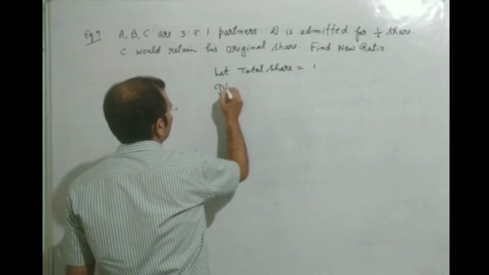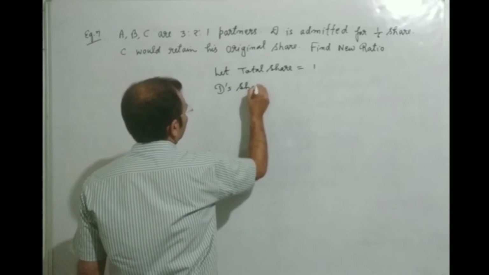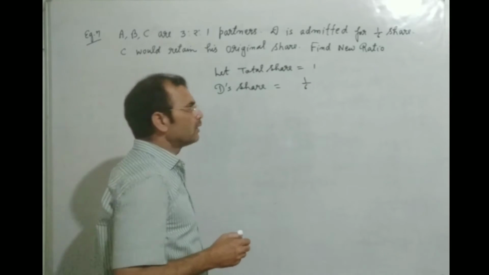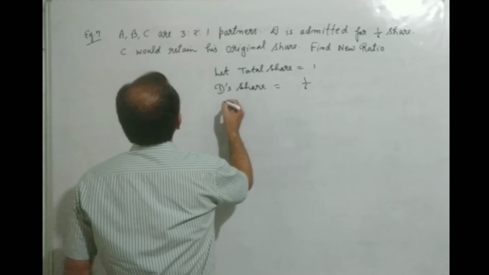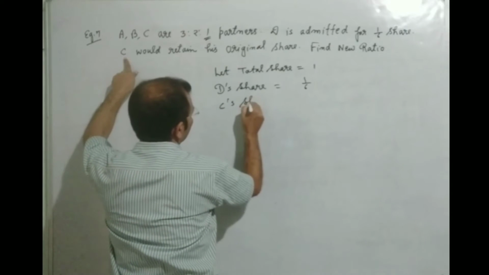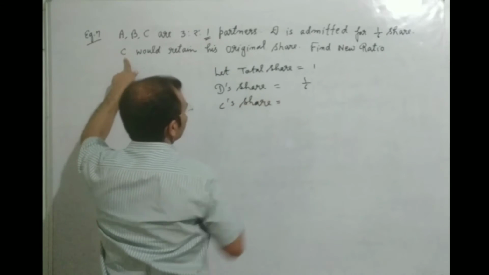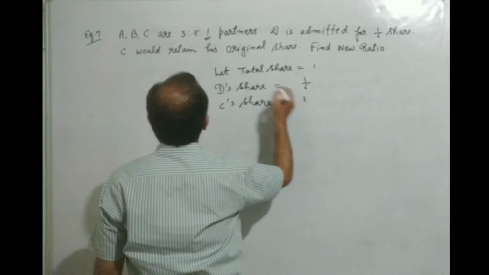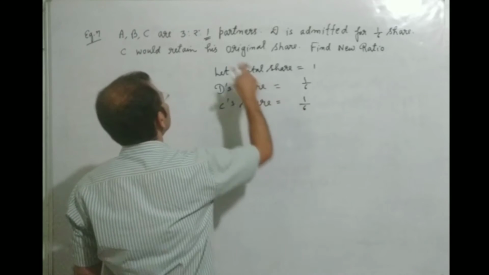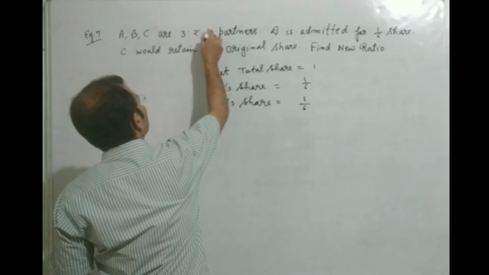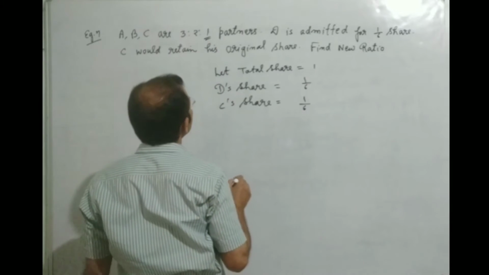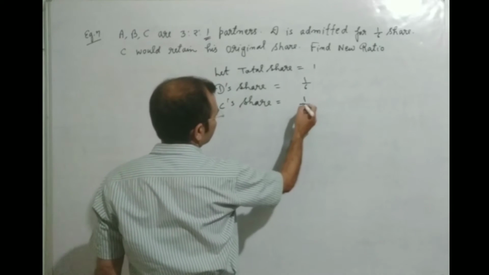D's share is given in your question, 1/6, and C's share will also be 1/6, because 1 is the part of C and total 3 plus 2 plus 1 is equal to 6, and 6 will be the denominator.